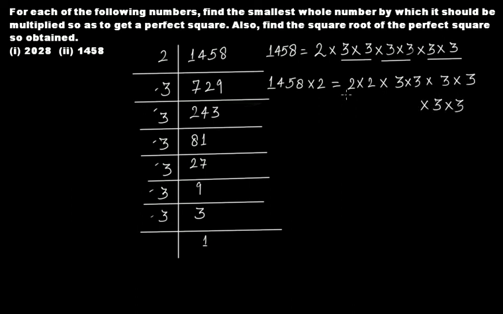So now you have 2 in pair, and we already had the 3s in pair. So now this is a square number, but what's the new number? The new number is this one. 2 times 8 is 16, 2 5s are 10, 11, 2 4s are 8, 9, and so the new number is 2916, which is a square number.